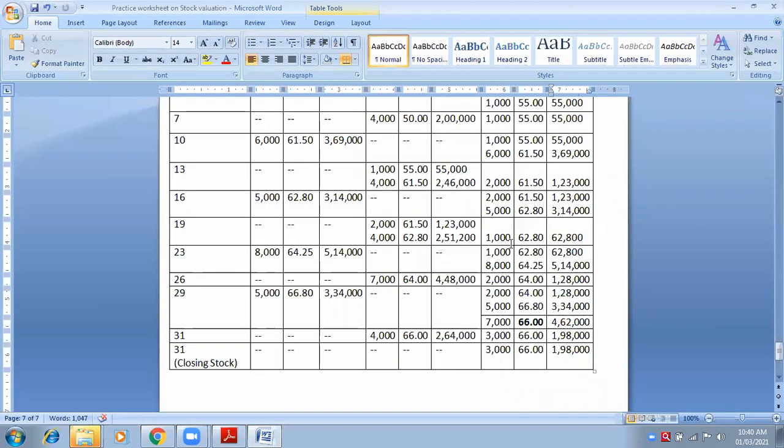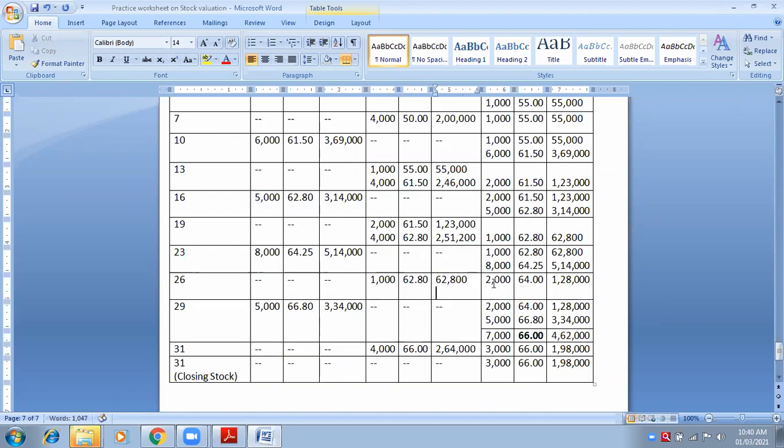I think we will not be able to issue 7,000 altogether. So first slot is how much? 1,000. So we will copy down this 1,000 here. What is the rate of 1,000? 62.80, and the amount will naturally be 62,800. After that, total how many units were we supposed to issue? 7,000.